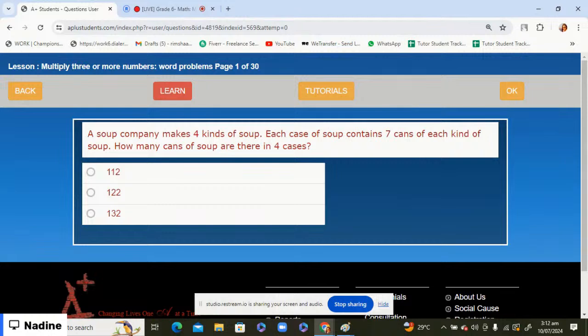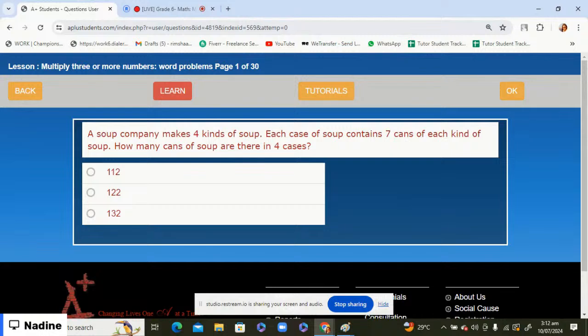So here, first of all, read the questions carefully. A soup company makes four kinds of soups. Each case of soup contains 7 cans of each kind of soup.